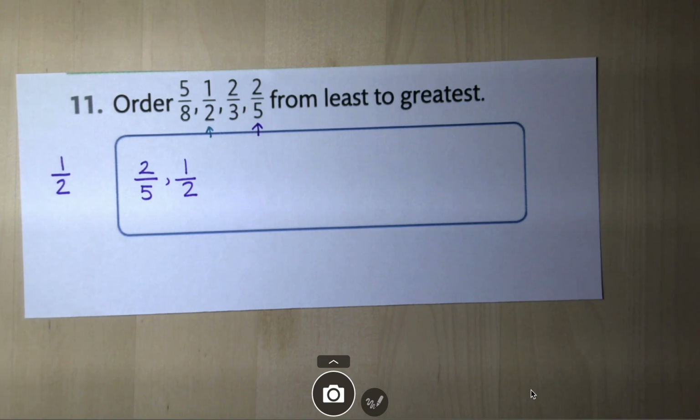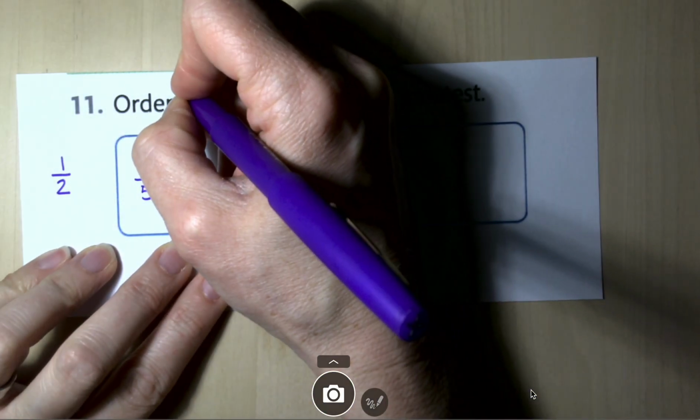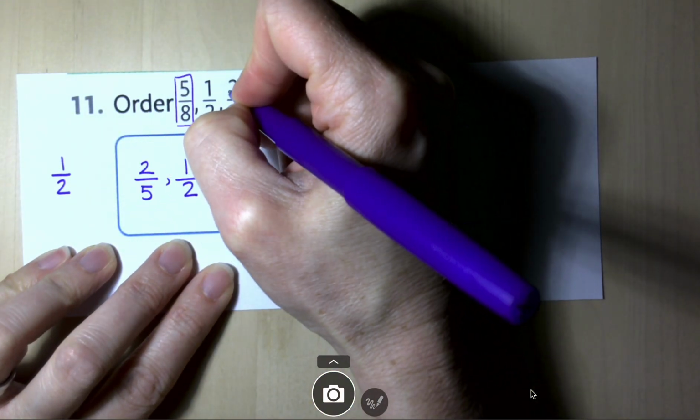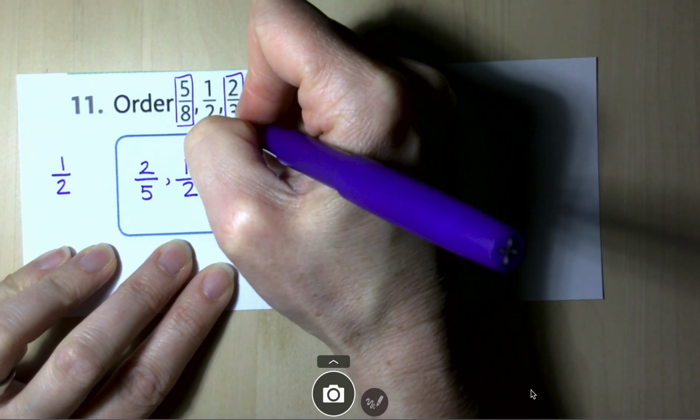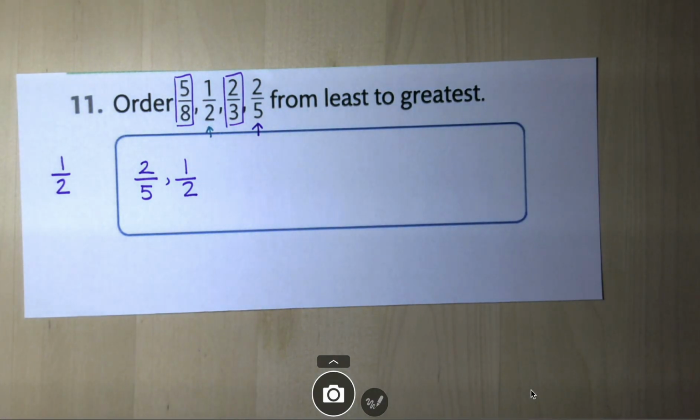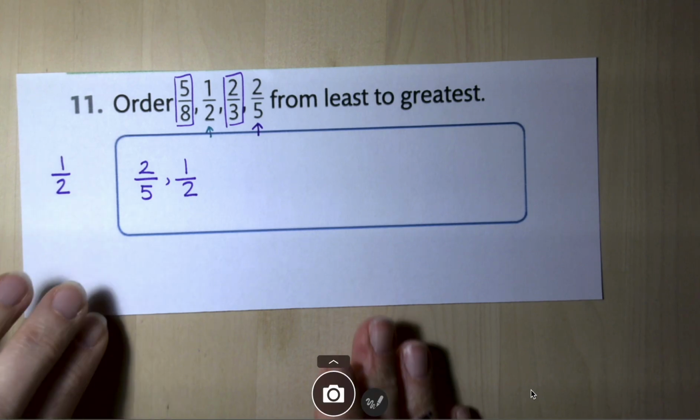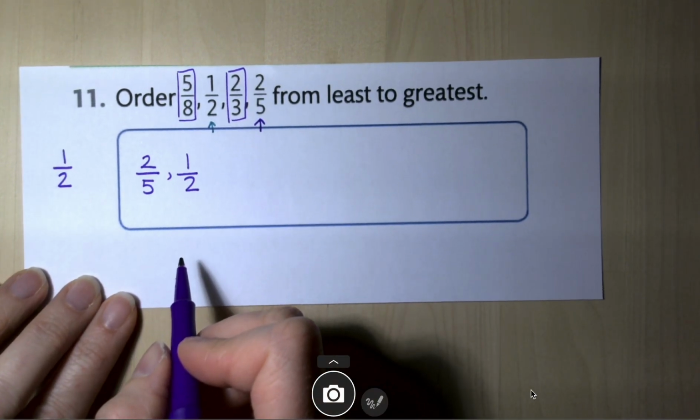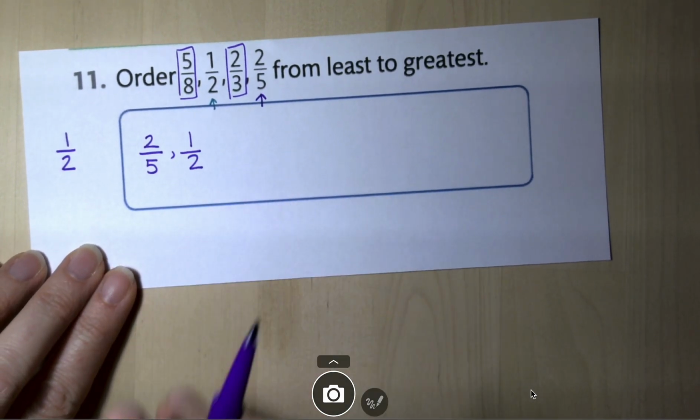So the first thing I need to do is think of a common multiple of 8 and 3. So these are my two fractions I'm comparing at this point. I need to know which one is greater than the other. So I'm going to use the space down here under my answer box. I've got, let's see.